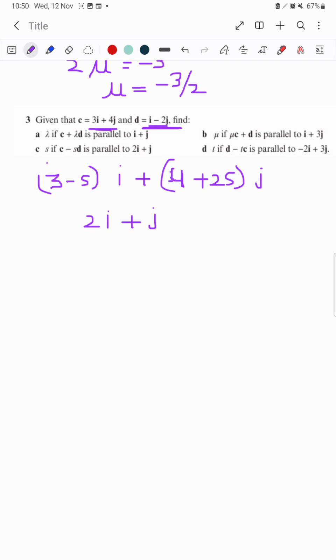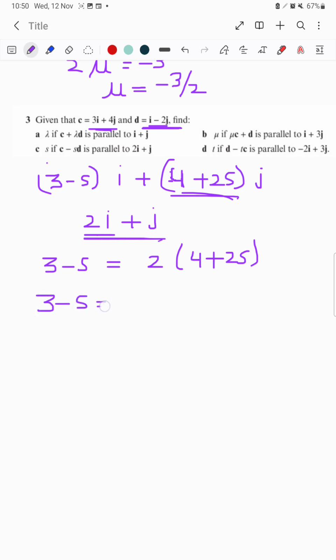So I can see the i component is twice the j component. So the i component is twice 4 plus 2s. You have to say it like this. So 3 minus s is equal to 8 plus 4s. And when you solve it, it will be minus 5 is equal to 5s, and s is equal to negative 1.